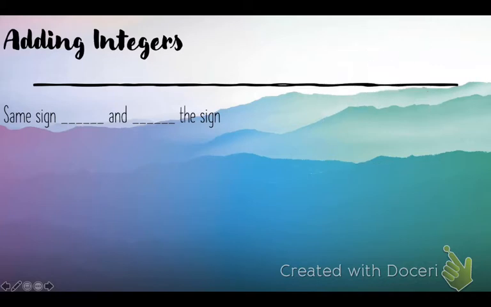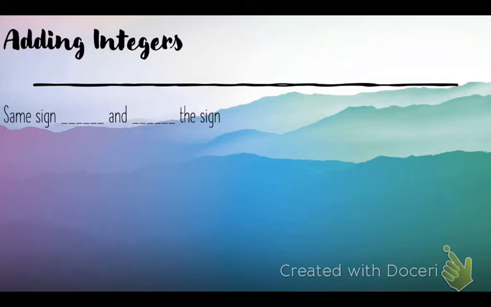All right. So for adding integers, if we have the same sign, we add and keep the sign. Okay, so for the same sign, we add and keep the sign. That's really important to have written down.